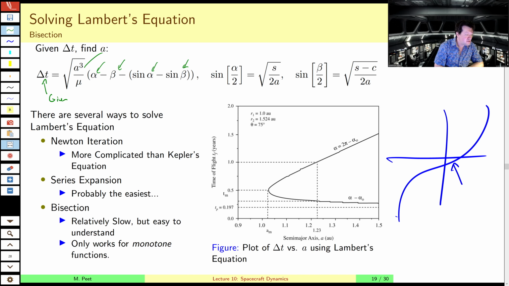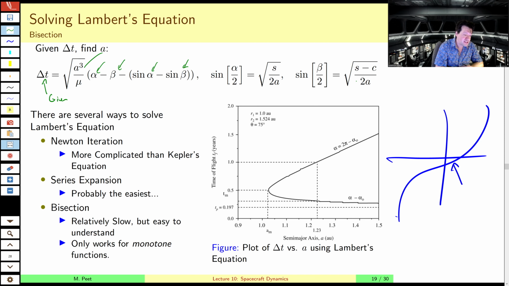Now, because I don't have a good analytic expression for the right-hand side of this in terms of A, it would be given in terms of these arc cosine functions, which would be difficult to combine with Newton's method, which requires us to be able to differentiate the right-hand side of the function.